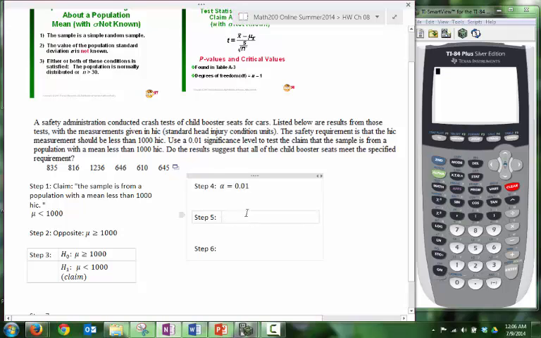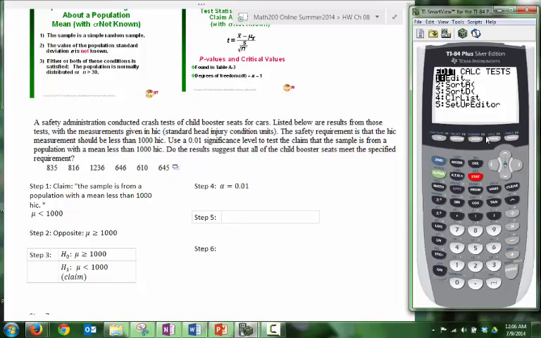And then now we want to collect information. Well, I think what we can do is we can have our calculator do our work for us. So let's go to a list that we can edit, and then let's type in these values.